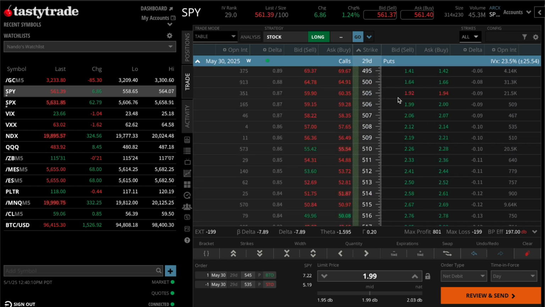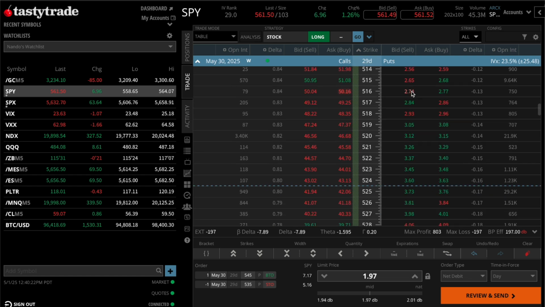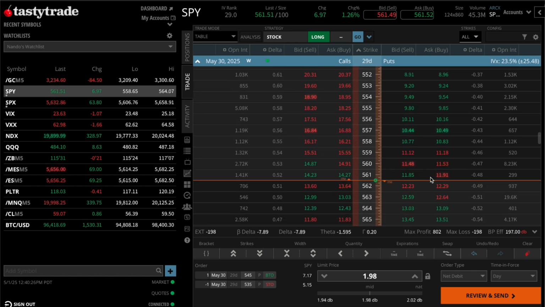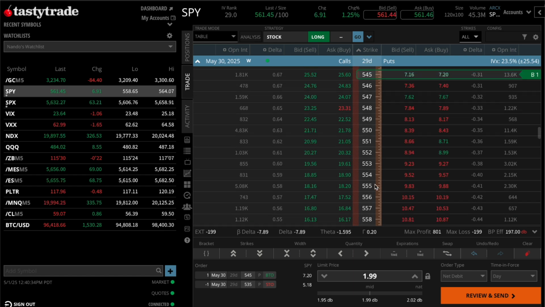where my first look was just buying the 505 on a 10% move to the downside and having this kick in. So if it kicks in here, remember it was going to be worth roughly 13, which is where it is currently trading, or let's just say 12 something. And if I paid a little less than $2 for it, I would make $1,000.